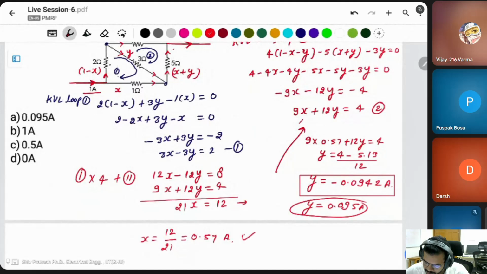Sir, in equation 1, if we multiply with 4, this will be 13. In 3X minus 3Y equal to 2, we have multiplied by 4, no, sir. Okay, sorry. 12X. Yes, I understand. Then X is equal to 12 by 16.